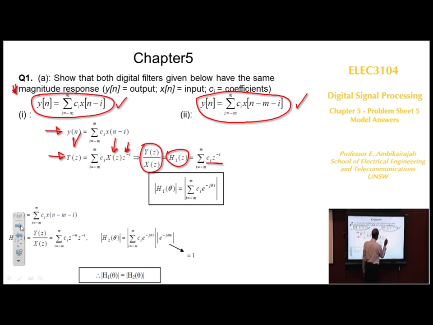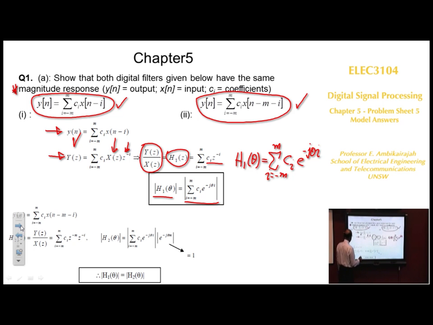Then you substitute to get H1(θ), that's the magnitude. And if you take the modulus value of that, that will be the modulus. That's for the first one.